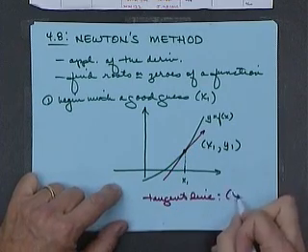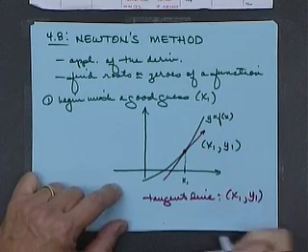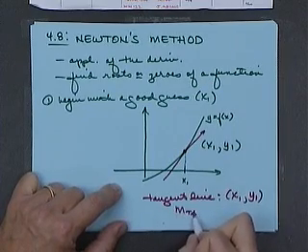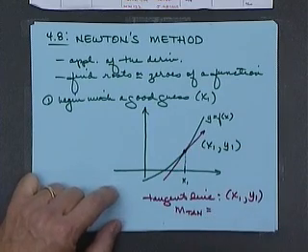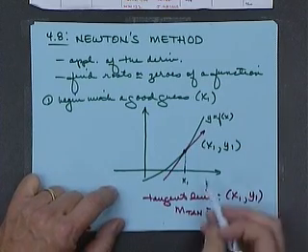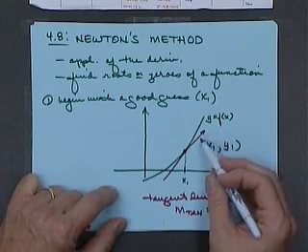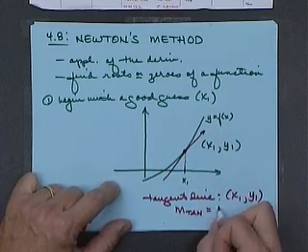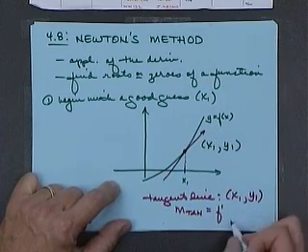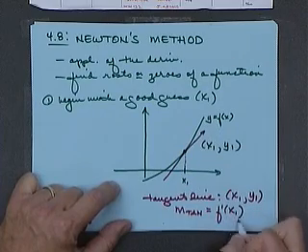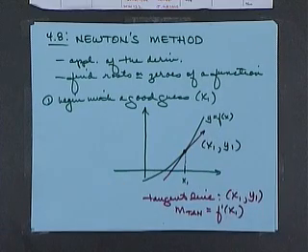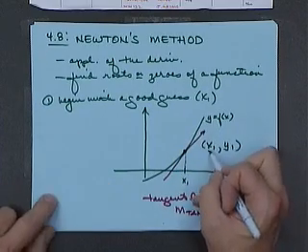So the point is x1, y1. And what's the slope of the tangent line? Derivative of the function. It's the derivative of this function at that point, right? So it's the first derivative of x evaluated at the specific value x1, because that's where we are. We're at x1.